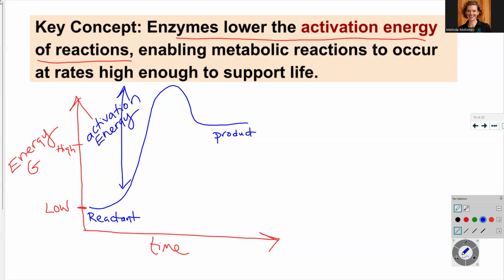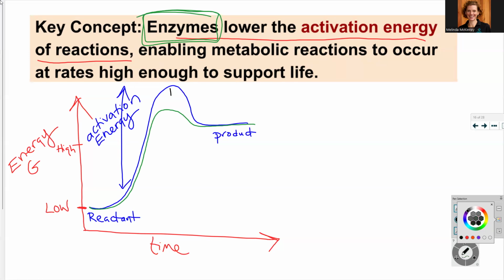Now, if you have a catalyst present, so let's see, what color should I use? So we're going to use green, okay? So if you have an enzyme present, so we'll use green here, then you're going to start off with the same amount of energy. You just don't require as much. So it's going to make it a lot less. And so it's the difference between the original energy.